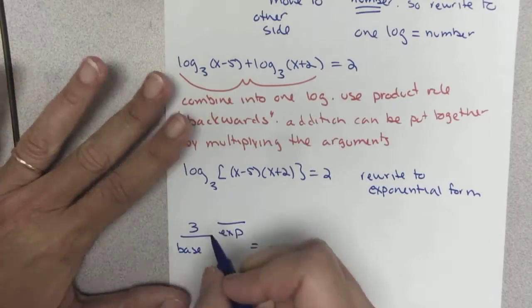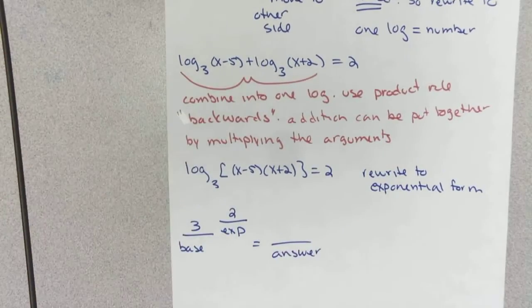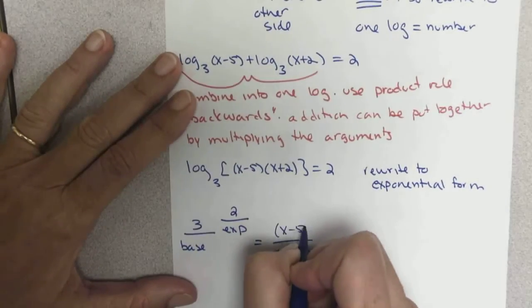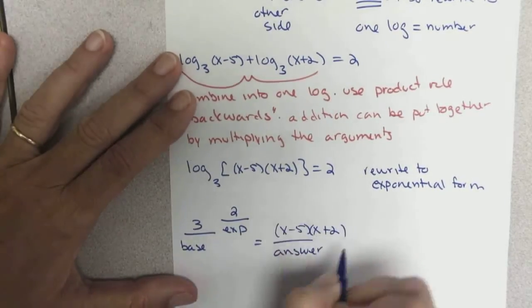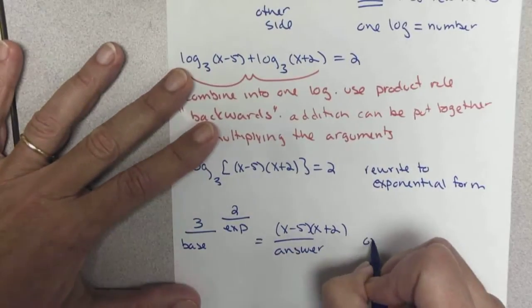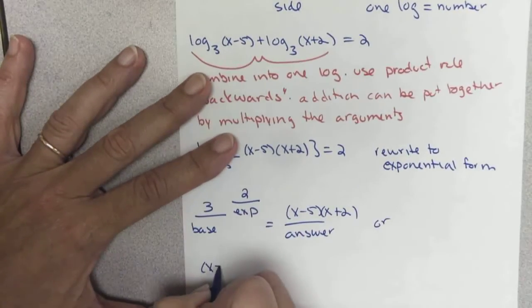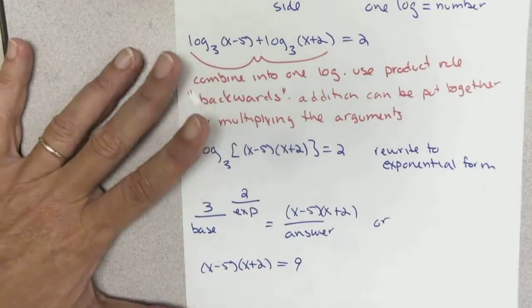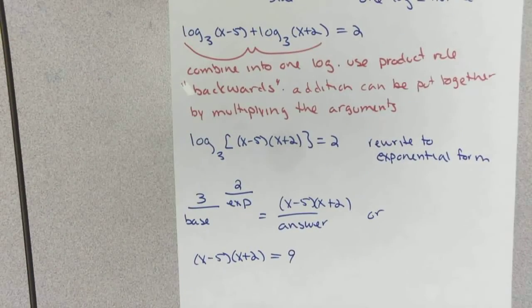Logarithms equal exponents. Well, that logarithm is equal to 2, so 2 is my exponent. And I have one thing left, and so that goes in the answer blank. That is x minus 5 times x plus 2 equals 9. And then I can decide what to do from there.